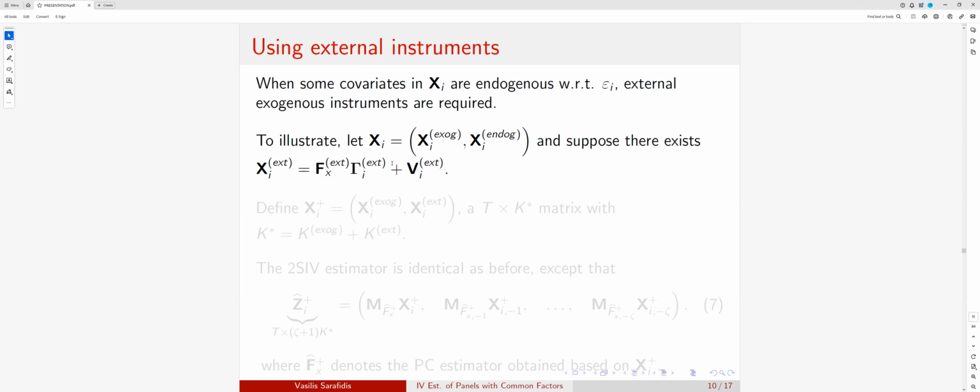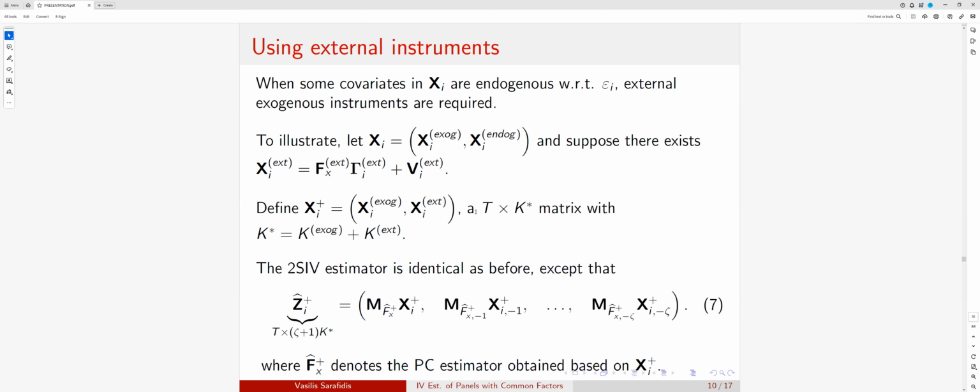These could possibly be correlated with the factors. Now let x plus denote the matrix that combines the exogenous covariates and the external variables. This is of dimension T by k star. The two-stage IV estimator is actually identical to that in equation 6, except that the factors are projected from x plus as opposed to x itself, and therefore Z, the instruments matrix, is adjusted accordingly.